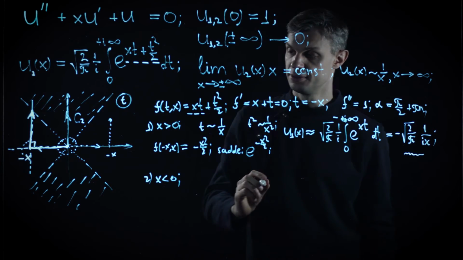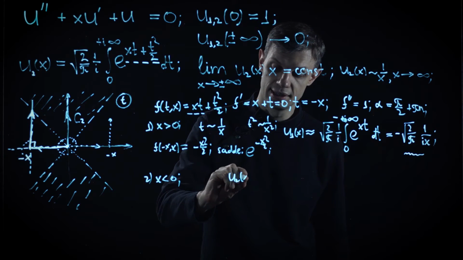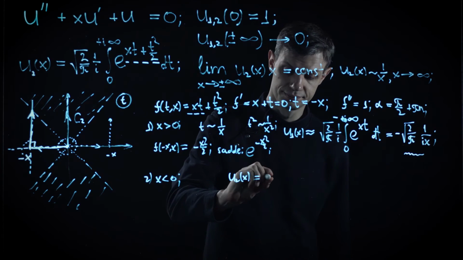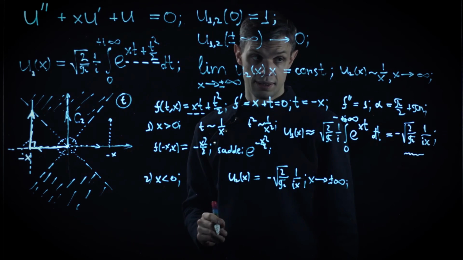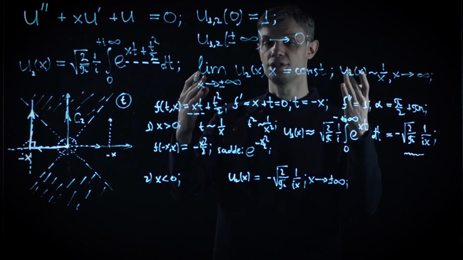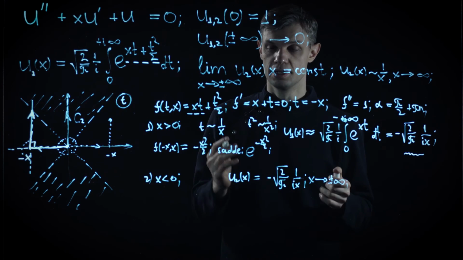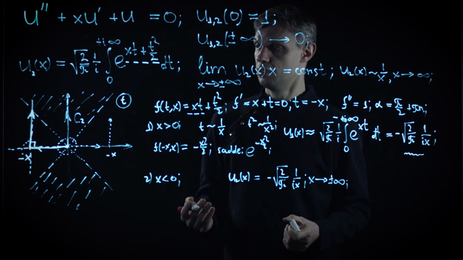So this is a universal asymptotics for our second linear independent solution. And that is precisely the power law behavior we expected to get from our initial condition in our solution of this differential equation. So here it is.